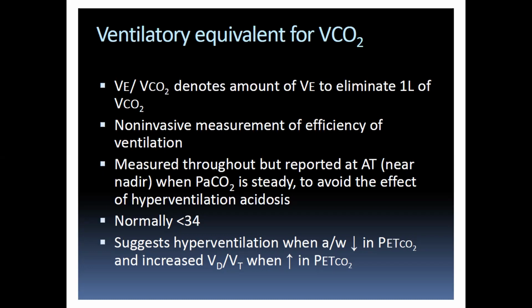And if that happens, again, your VE-VCO2 will go up. So VE-VCO2 is not specific for cardiac limitation, it is not RV failure specific, but in the right context, it can tell you about RV performance. Okay, does that make sense so far?